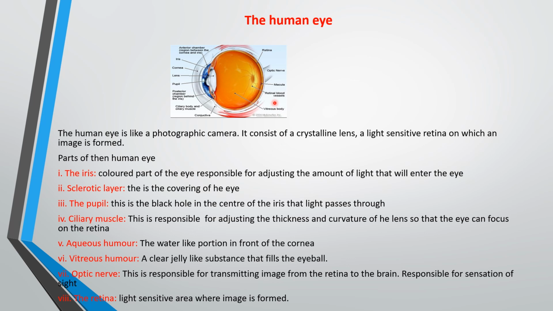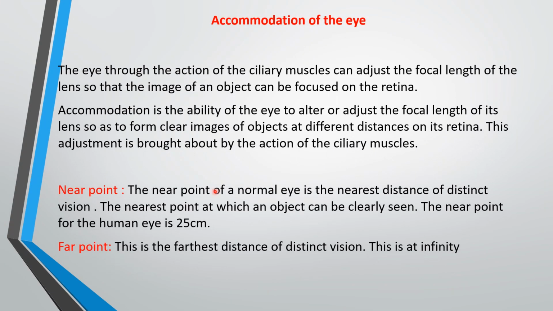So how does the eye focus an image? So this will take us to the accommodation of the eye. If an object is very close to your eye, you will almost want to close your eyes so that you can focus the image of the object.